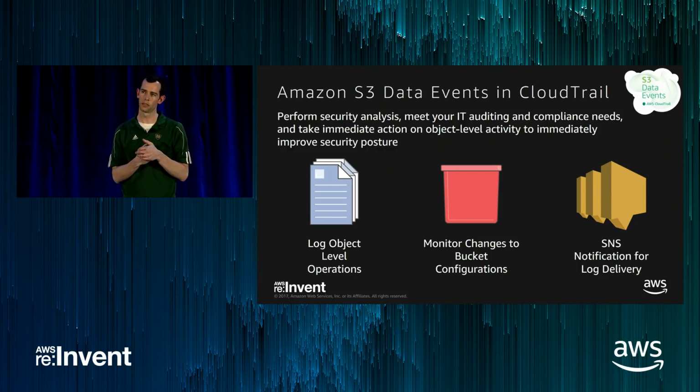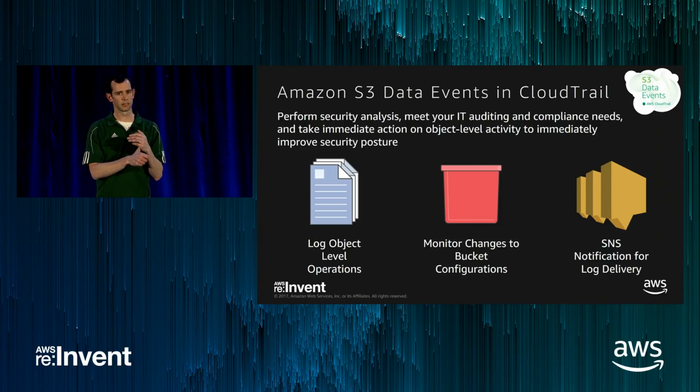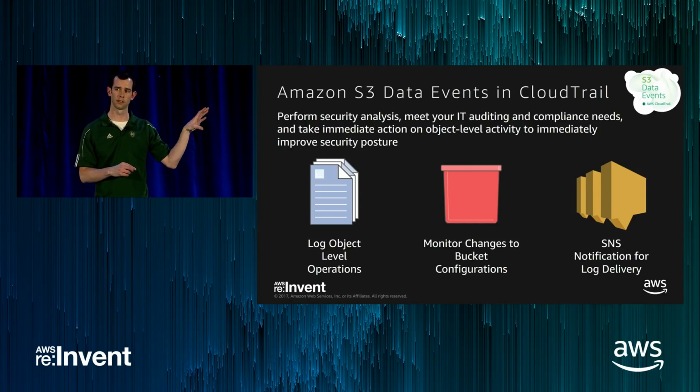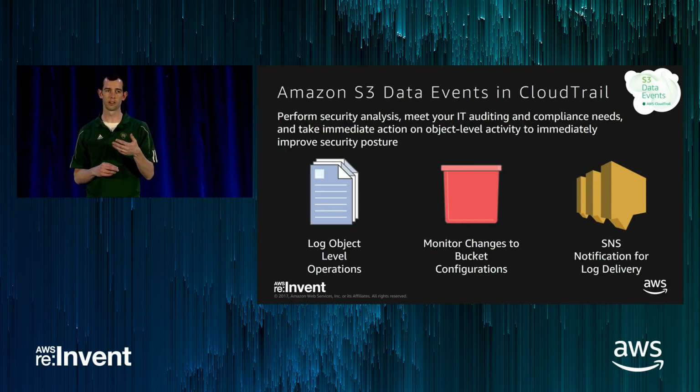One of the better examples of this is you set up CloudTrail data events, and you say, OK, my object access control lists, I know are exactly the way I want them to be today. If there's ever a change to those access control lists, it's unintended, I don't want them to happen, and I want to revert that change. So you can set up an alarm and an actual automatic action to take place based on these data events, where it will trigger a Lambda function if it sees a change to an object access control list.